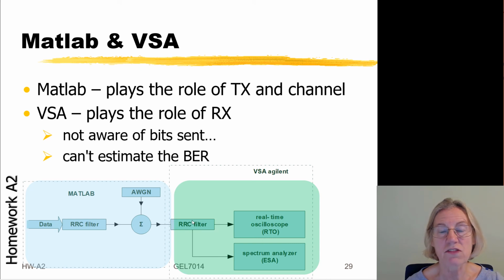And so we have to tell the VSA that we are doing root raised cosine filtering, and we have to tell it the roll-off that we're using. And it's important that it has this information because it aids it in the calculation of the error vector magnitude. For the calculation of error vector magnitude, we have to have some idea of where the true transmitted symbol would be, and knowing about what filter was used to transmit it helps in making a better estimate.